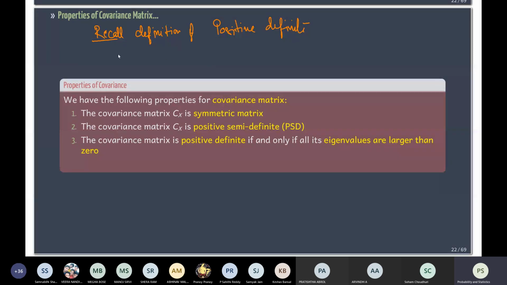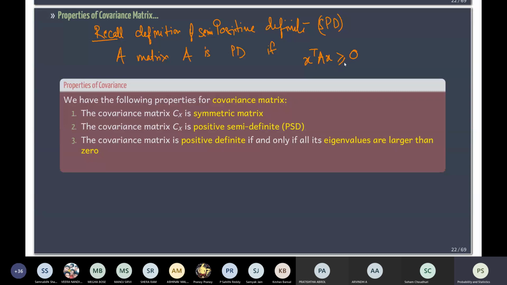A matrix A is positive definite, let us say PD, if the following holds, right? X transpose AX. Okay, so let us define semi-positive definite, SPD, if X transpose AX is greater than or equal to 0.